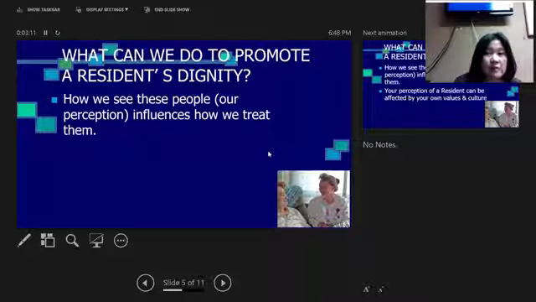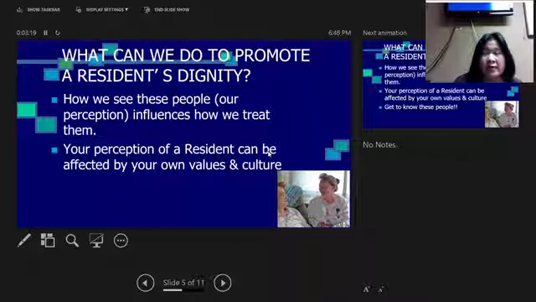How we see other people, our perception, is influenced by how we treat them. We need to be non-biased towards people. Everybody is different. You're going to find that in any part of society. Not everyone has the same beliefs as you, but you are going to take care of people who don't believe the same things you do, who aren't the same person you are, but you still have to show respect and dignity for that person.